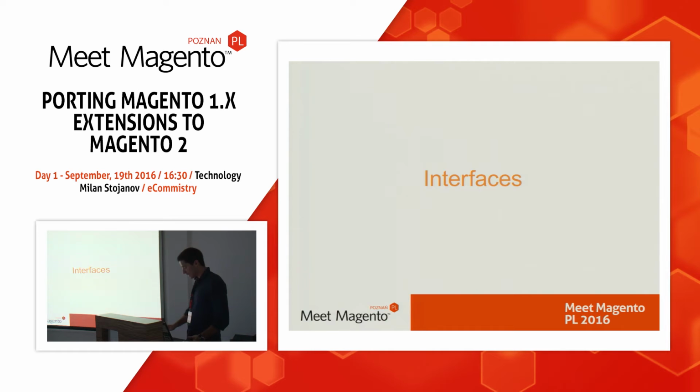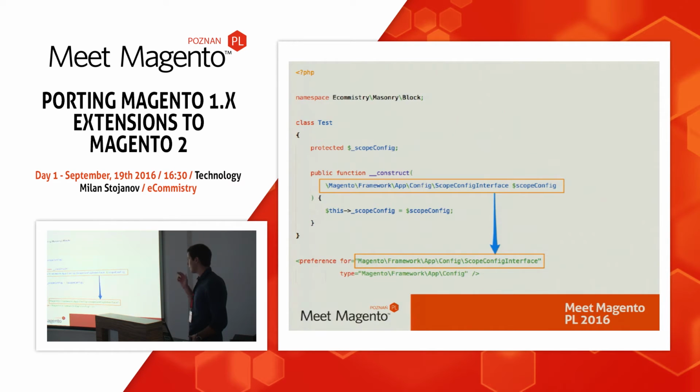And interfaces. Generally, Magento uses a lot of interfaces in its core, and it's a good habit to request interfaces, because in that way your class depends on some kind of contract and not on a complete implementation.